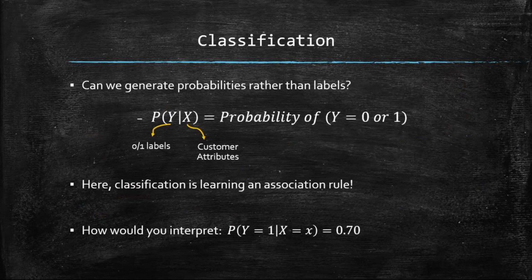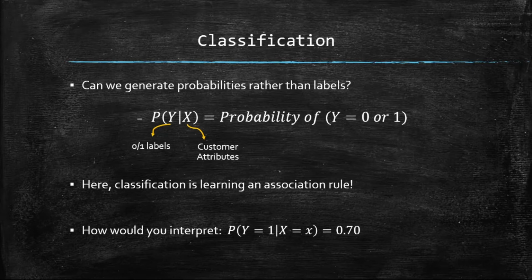So one thing to remember is that in our example, given a customer, we basically predicted a label, right? So we said, is this guy high risk or low risk? We did not talk about the probability of that customer actually being high risk or low risk, right?